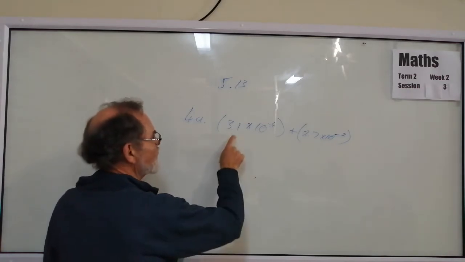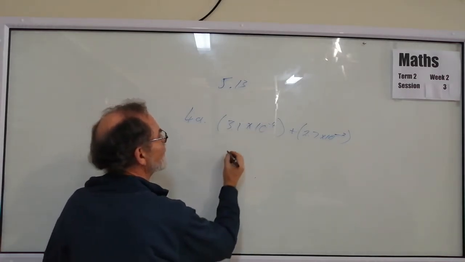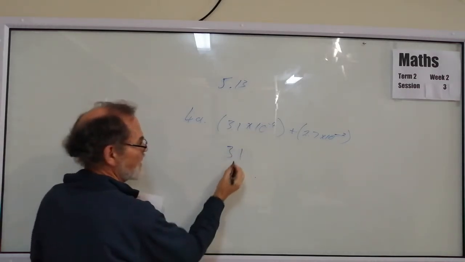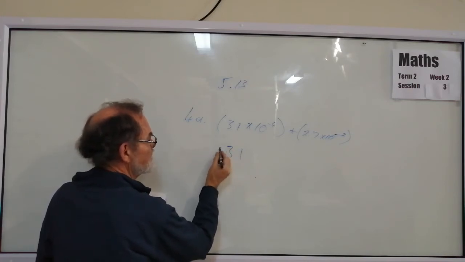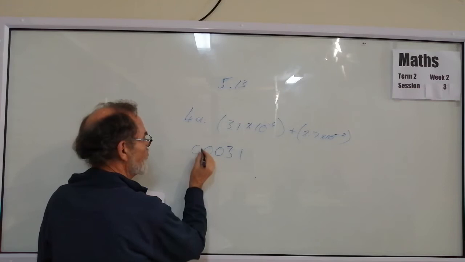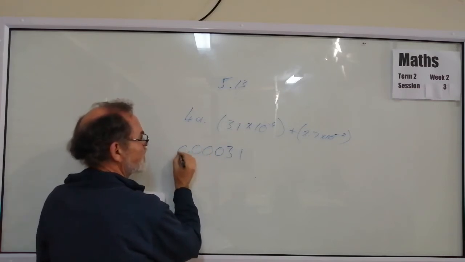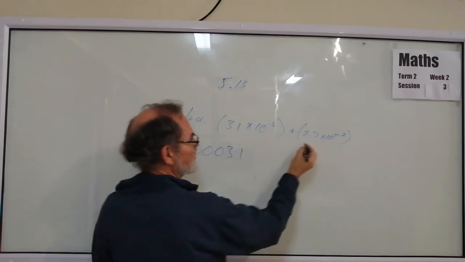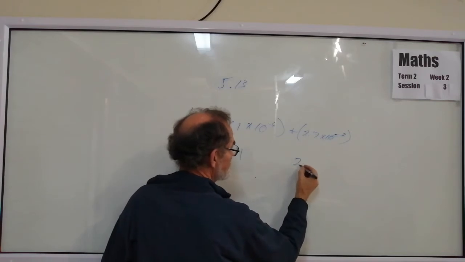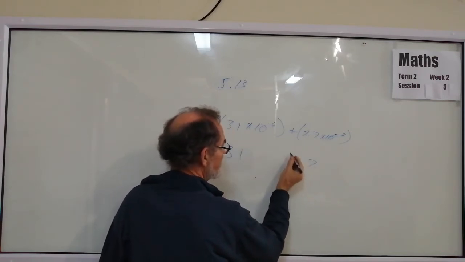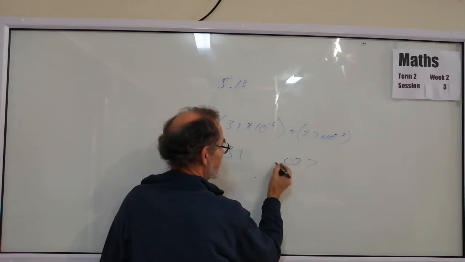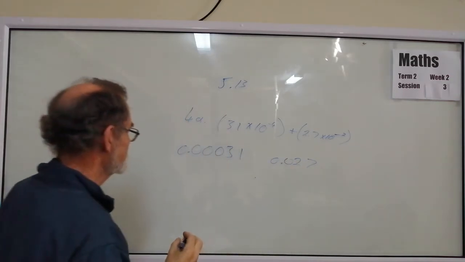So 3.1 times 10 to the minus 4 is 3.1. Our point is there. We're going minus 4: minus 1, 2, 3, 4. And this one is 2.7 times 10 to the minus 2. Our point is there. We're going minus 2: 1, 2. Now we've got to add these.